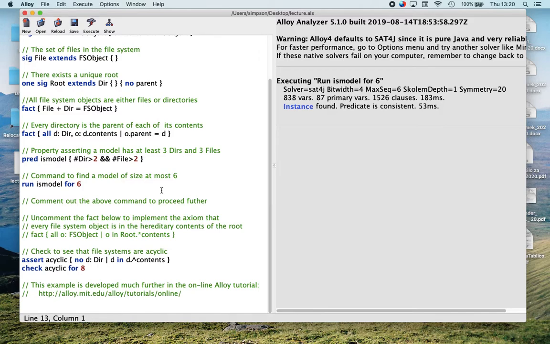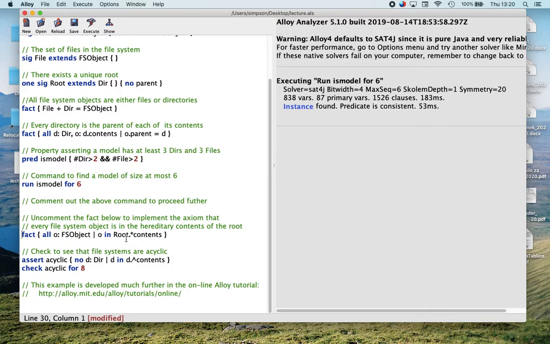And in Alloy we have a nice way of stating that axiom, so we can add it as a fact. So every file system object is in the set that we get by this star here, which means following an arbitrary number of contents relations from the root, including 0.